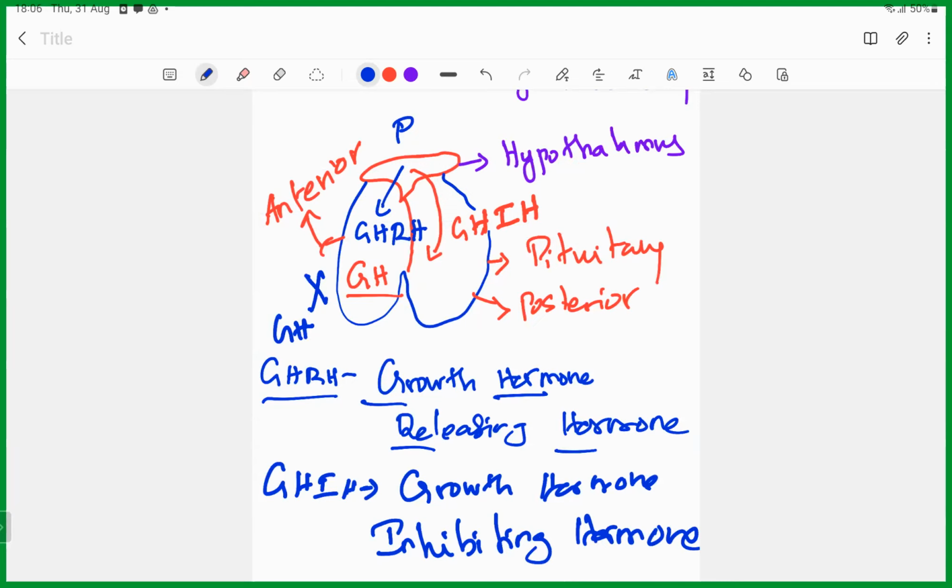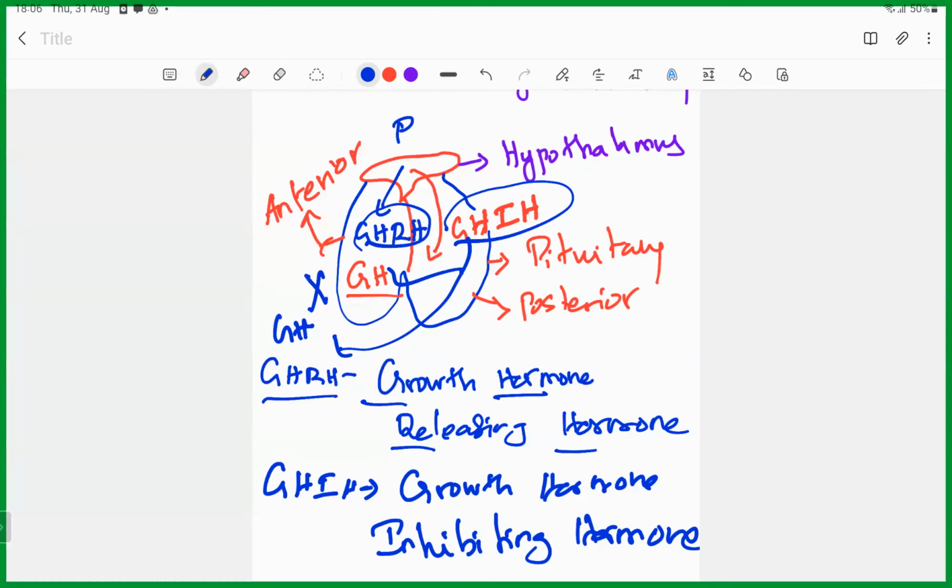So if growth hormone releasing hormone comes, there is production of growth hormone. Every function of the pituitary is regulated by the hypothalamus. Can you understand?